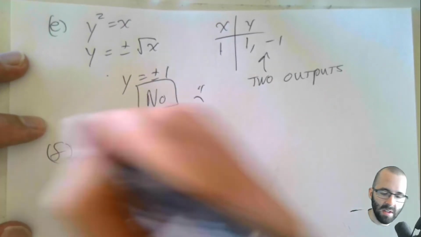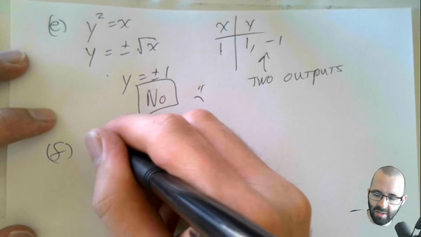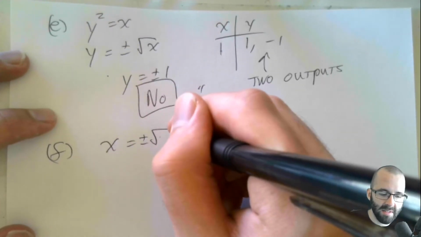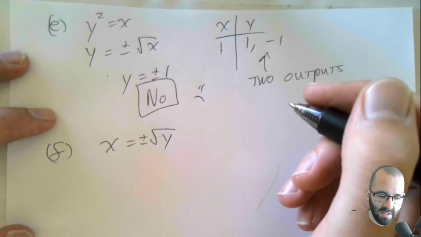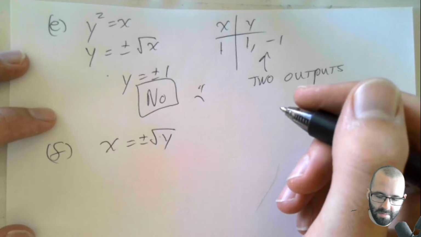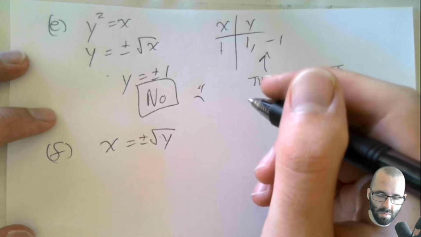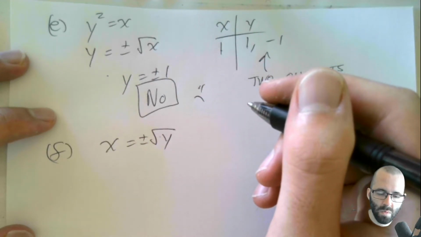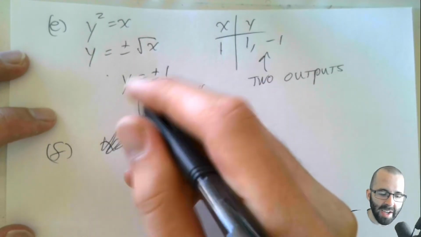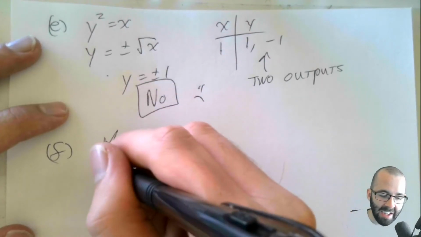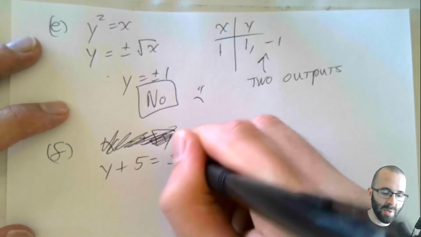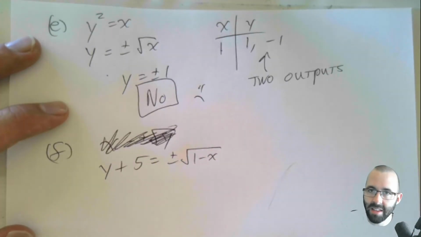Or you might even see this more explicitly. If you have something like y plus 5 is equal to plus or minus the square root of 1 minus x, or something like this.